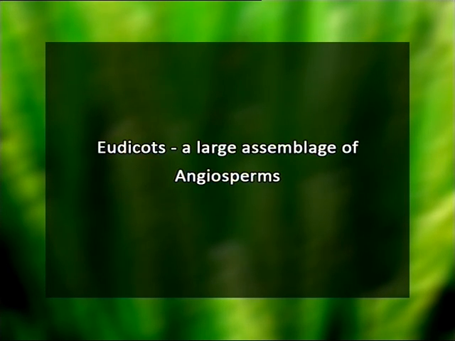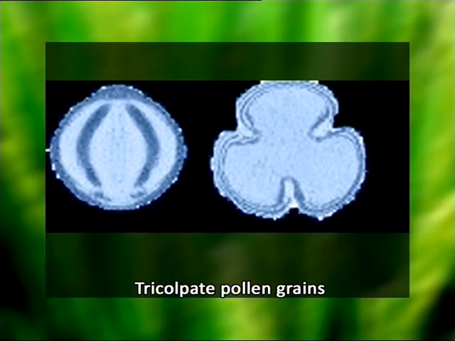The fourth group of angiosperms is called eudicots. Eu means here the true dicots. It's a large assemblage of angiosperms which is characterized by many apomorphies. Apomorphies means the sharply derived characters. The apomorphies in eudicots are: number one, the tricolpate pollen grain.